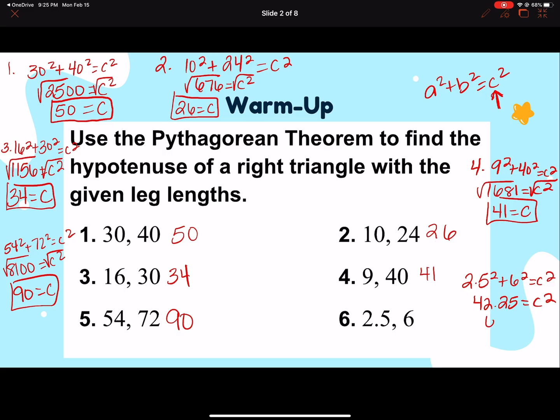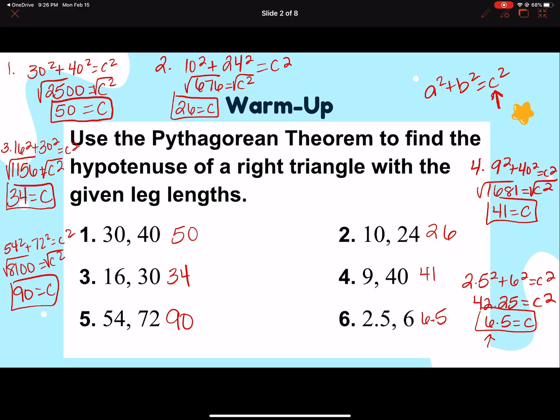And that is 6.5. So this one, I wouldn't necessarily call it a perfect square because I did get a decimal, but I did not get a big long decimal. So that's the difference here. This would be a rational number because 6.5 is a terminating decimal.